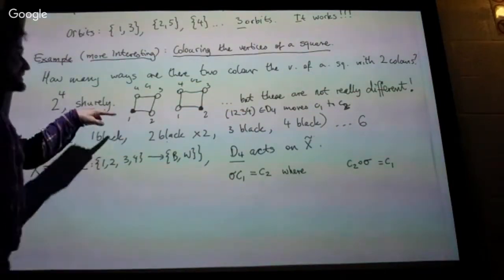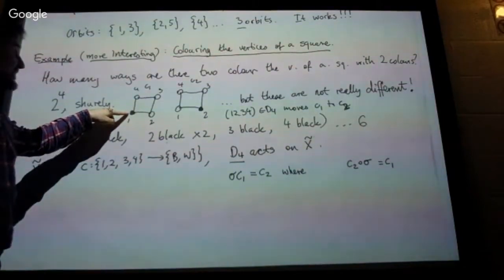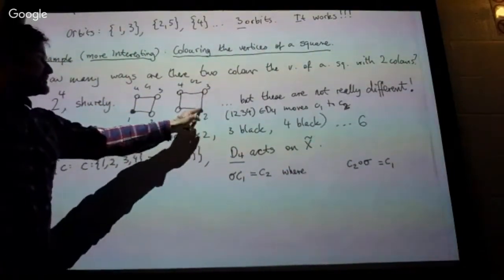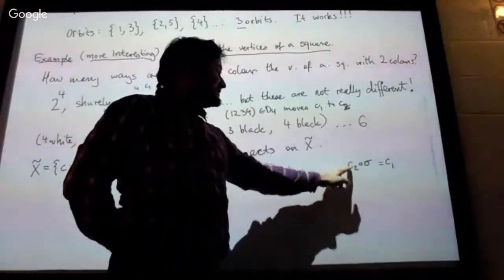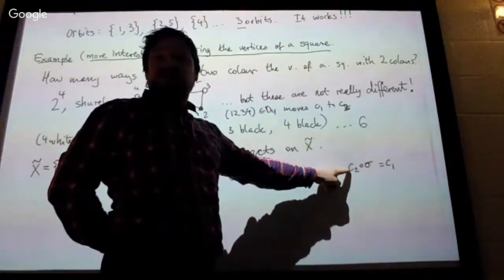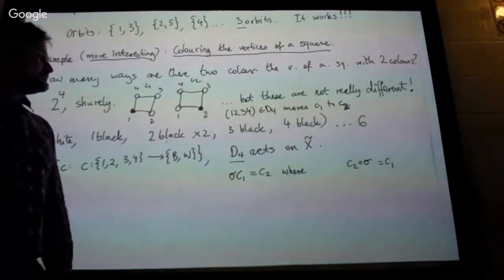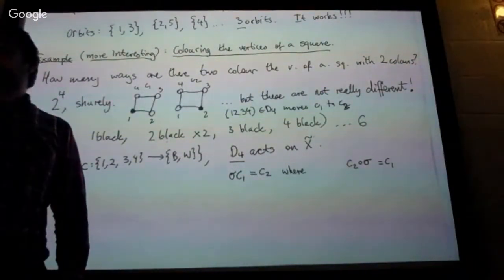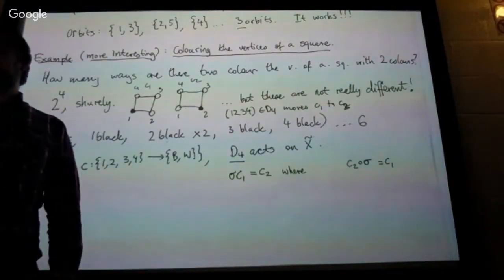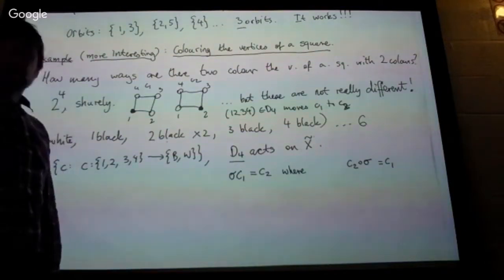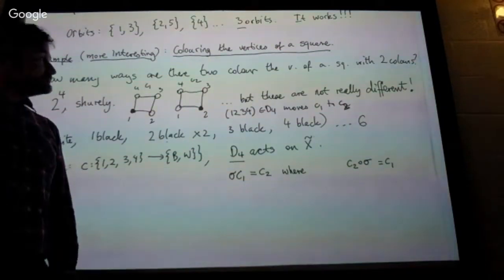C1 said 1 is black. But that's the same as saying 1 moved to 2, and I check 2 in C2. So first move 1 to 2, and then I check what C2 says.